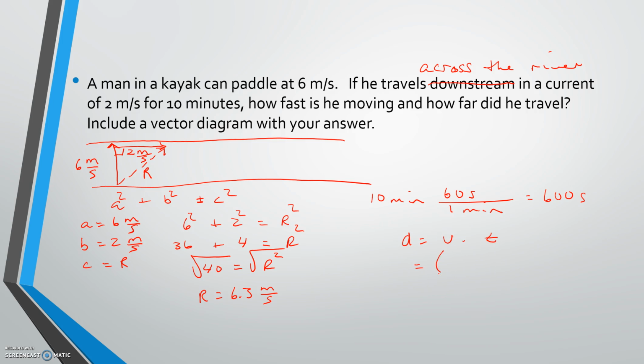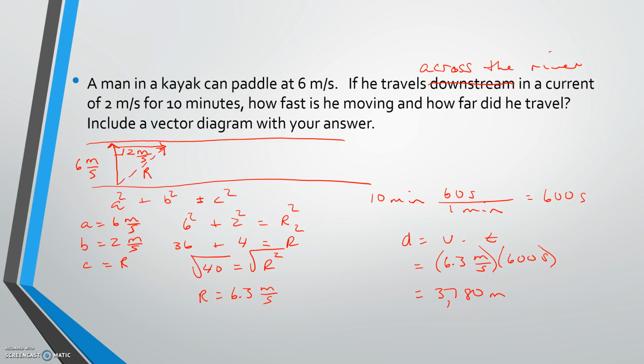Our velocity now is 6.3 meters per second. Our time is 600 seconds. So the distance it would travel now downstream would be 3,780 meters.